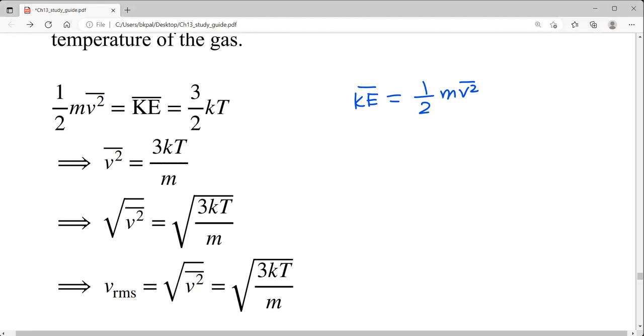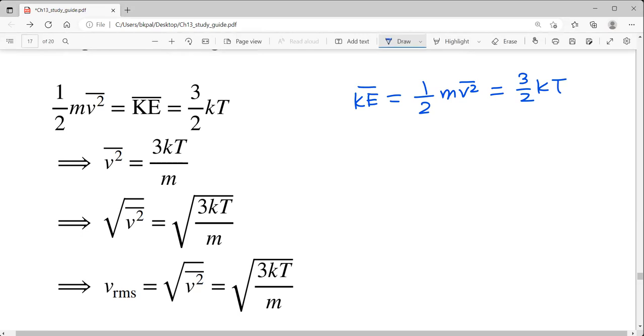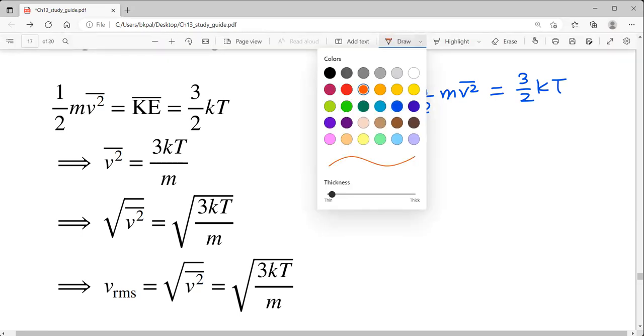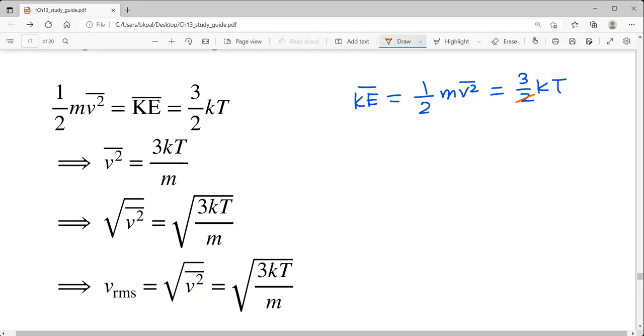Here we use the average v squared because the kinetic energy is average. So the average kinetic energy equals half m average v squared, and that is equal to 3 over 2 kT. Now you see that you can cancel 2 and 2.